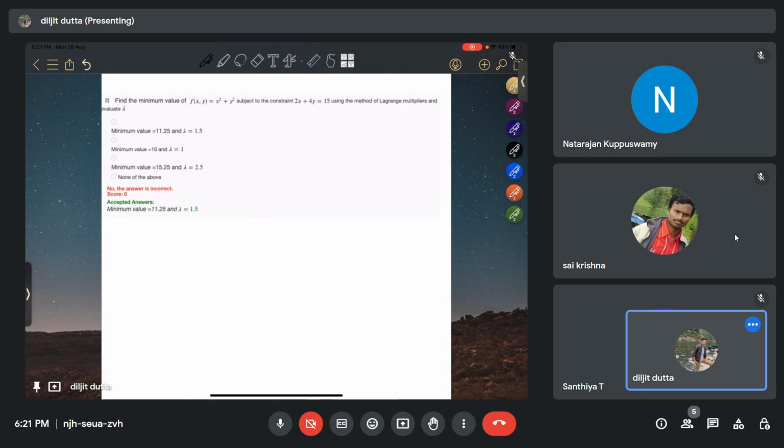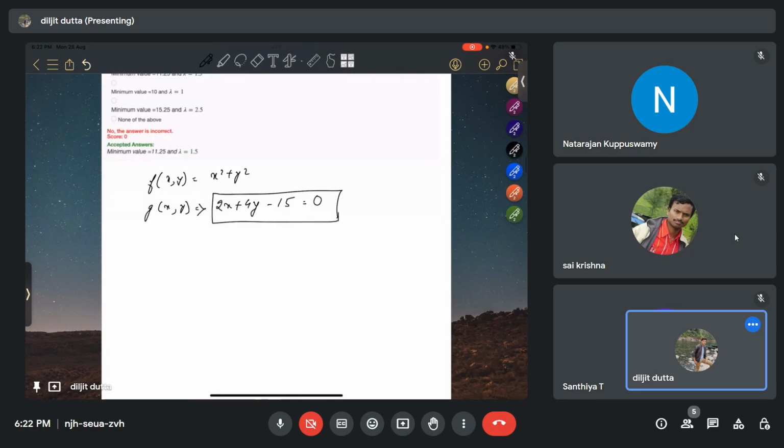So how will we write g of x y, 2x plus 4y? We will write g of x y equal to 0, so we'll bring 15 to the left hand side and write the equation in this format.